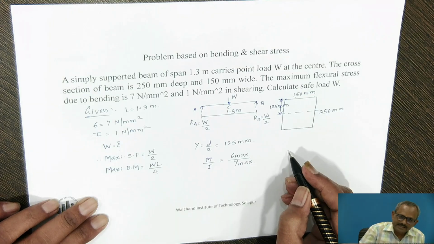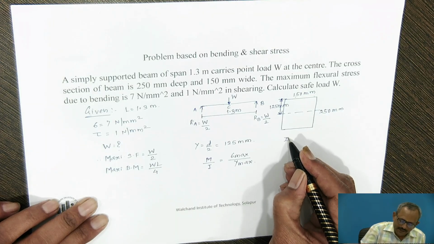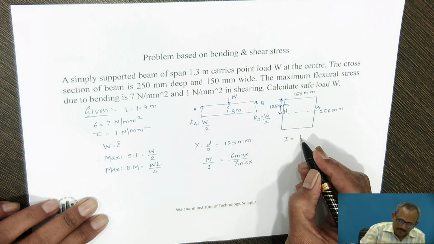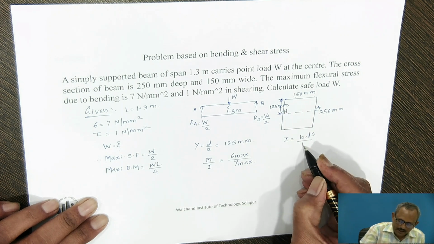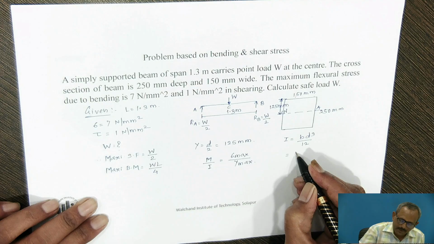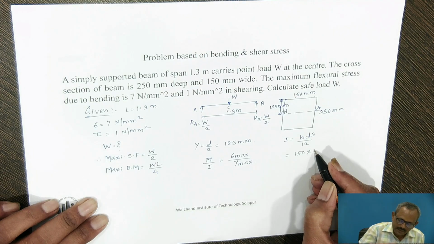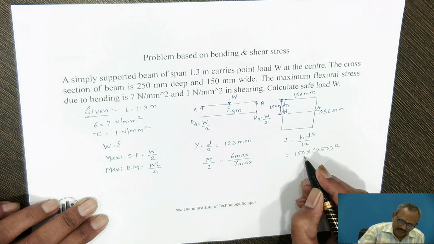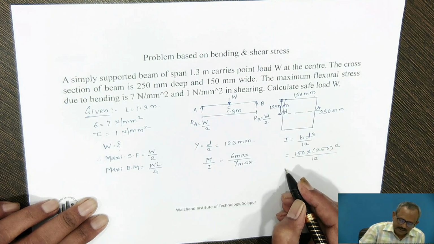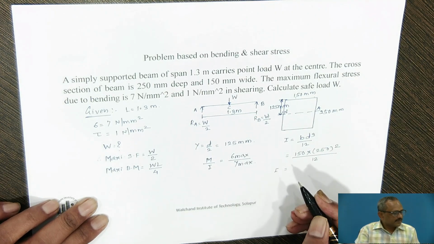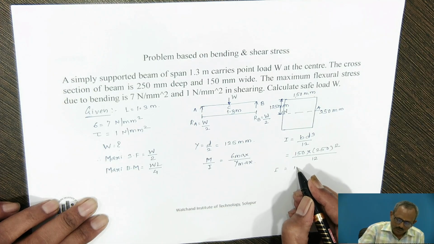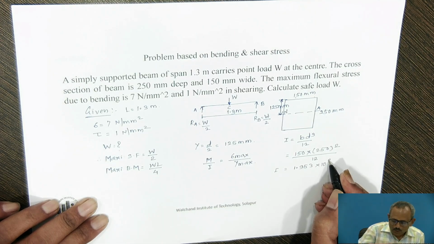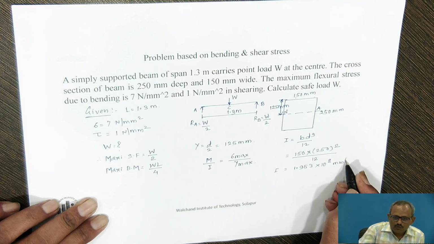For a rectangular section, the moment of inertia about the neutral axis is given by BD cube by 12. Putting the values of B and D, the moment of inertia for the rectangular section is 1.953 into 10 raised to 8 mm raised to 4.